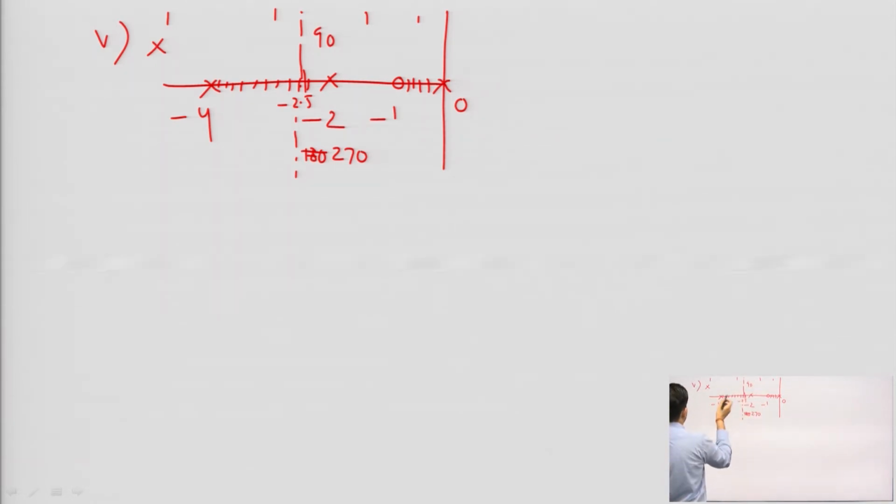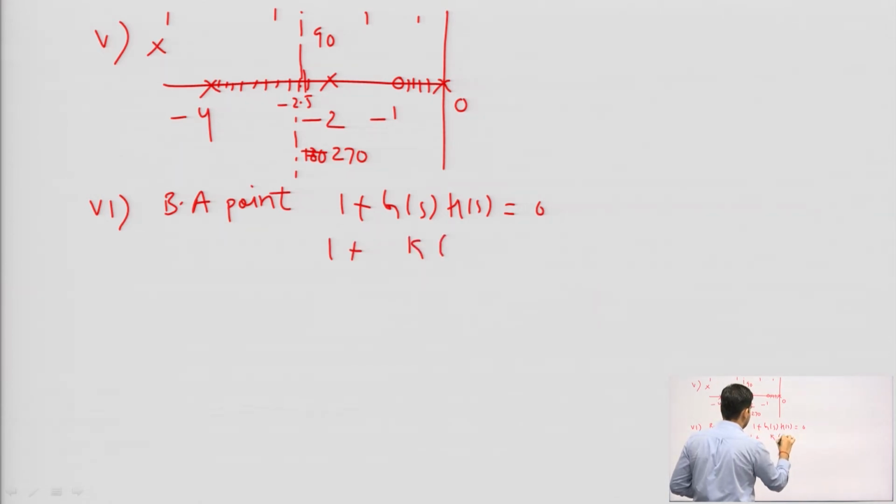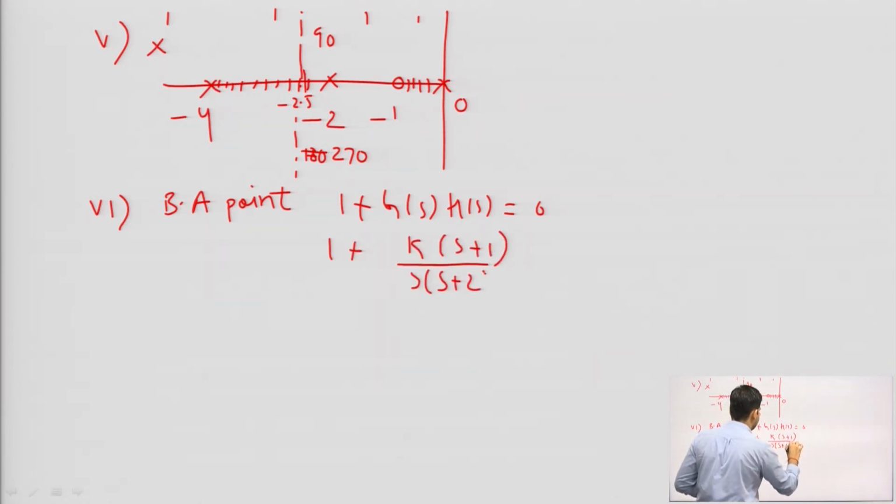Now, what is the point where this pole will leave the real axis? That is the breakaway point, so we need to calculate the breakaway point. 1 plus G s H s equal to 0. We write here 1 plus k multiplied by s plus 1 divided by s multiplied by s plus 2 multiplied by s plus 4 equal to 0.